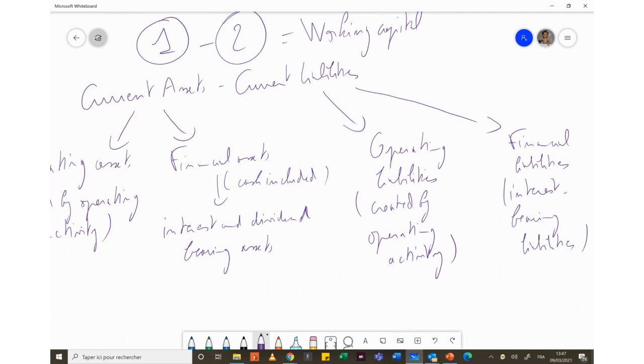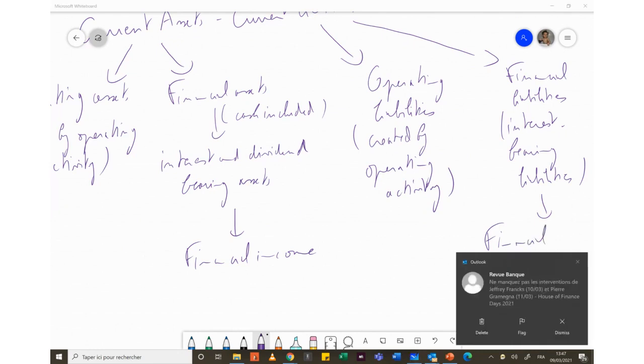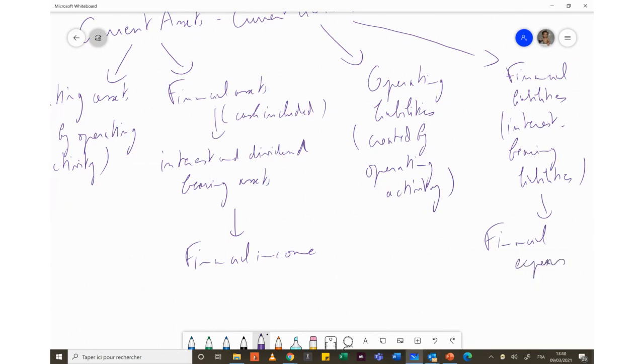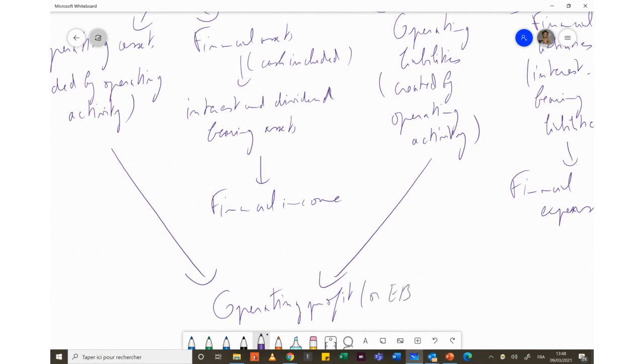Because of the financial assets, you have some financial income. Because of the financial liabilities, you have some financial expense or interest expense. Thanks to the operating assets and the operating liabilities, you are creating some operating profit or EBIT, so excluding the financial profit.